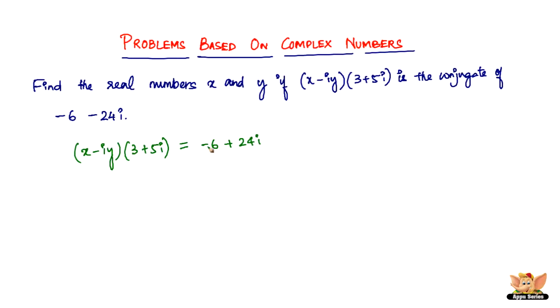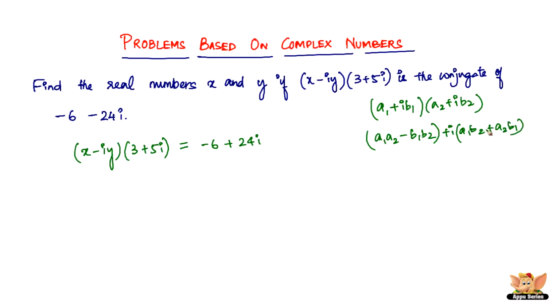Now again, I hope you've familiarized yourself with the multiplication of complex numbers. For those who haven't, let me quickly tell you how you multiply two complex numbers, (a1 plus ib1) times (a2 plus ib2). This is how we multiply: a1a2 minus b1b2 plus i times (a1b2 plus a2b1).